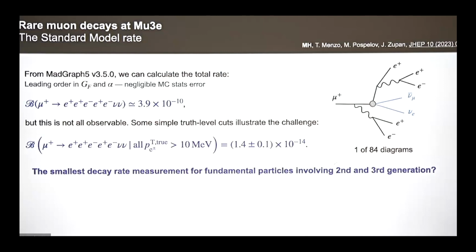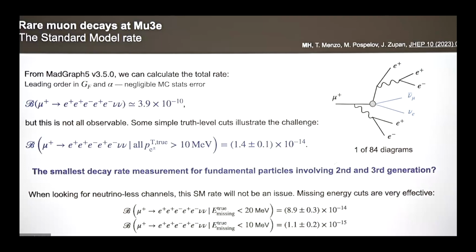This is if all of the electrons and positrons obey this cut. If you could measure this, given these limitations, this would probably be the smallest decay rate measurement for second and third generation fundamental particles, which is pretty impressive. And you get to leave a great number on the PDG, which is quite unique.